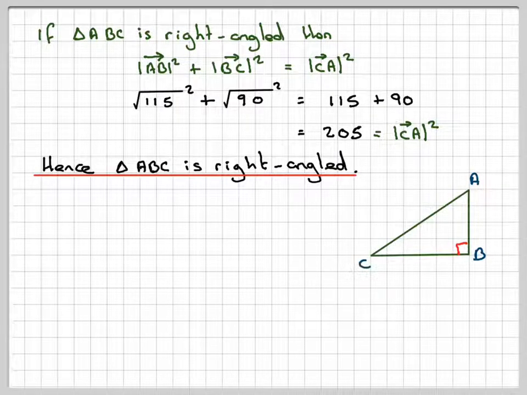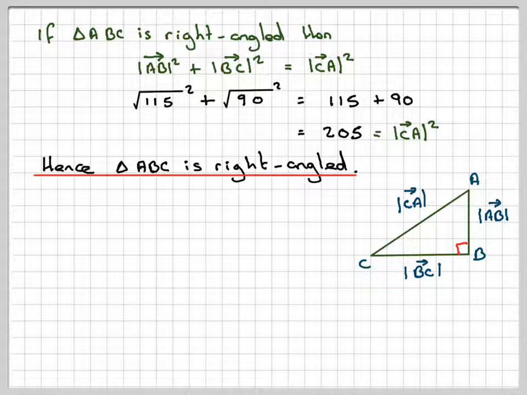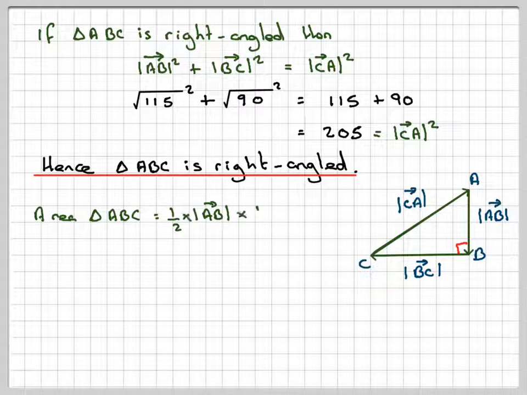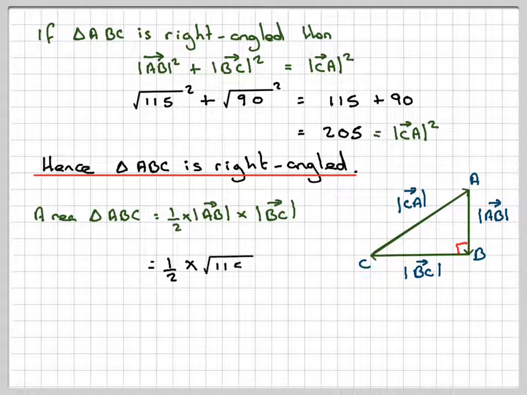And then if we just draw a right angle triangle, this is the magnitude of AB, this is the magnitude of BC, this is the magnitude of CA, then half of the magnitude of AB times BC will be equal to the area of the triangle. So you just need to make sure you're selecting the right ones. So that will be a half of the square root of 115 times the square root of 90.